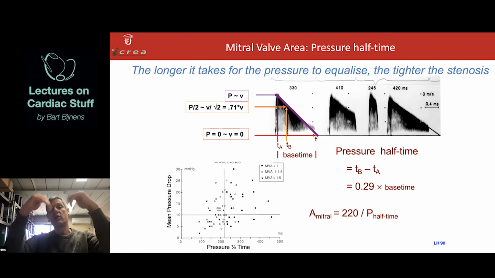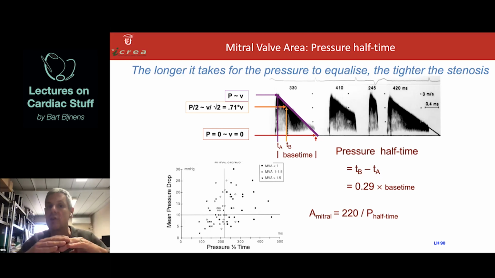If you have a mitral valve which opens very quickly, we have an almost immediate pressure equalization. That means there's no pressure gradient anymore, and the velocity rapidly changes. And the slower the velocity decreases, the bigger the stenosis is.